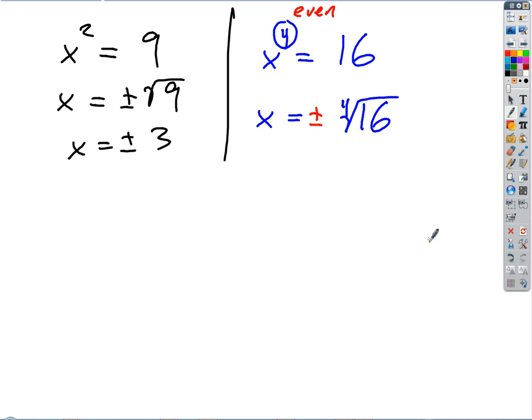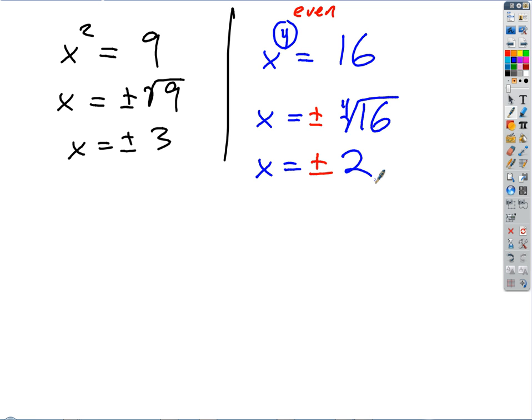Can anybody tell me what the 4th root of 16 is? 2. Yeah, because 2 to the 4th is 16. So my answer in this case is also x equals plus or minus 2. See how that works?